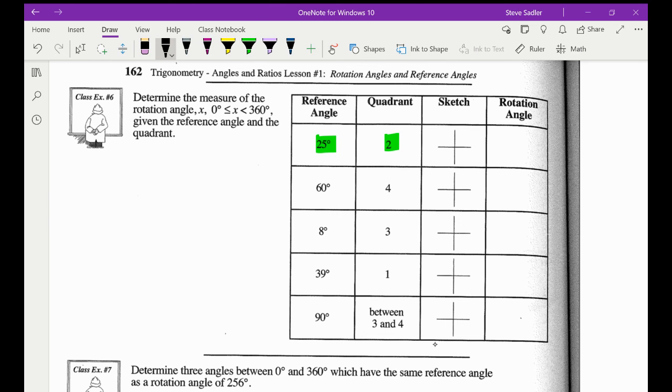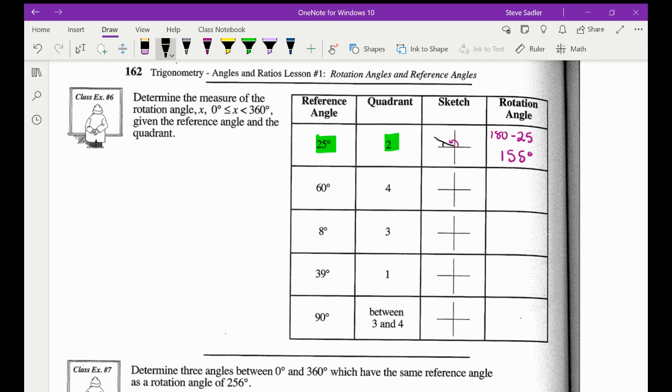So that means the angle is going to be somewhere over here, in a sketch. The rotation angle is going to be all the way around from the positive x. So it's basically going to be 180 minus 25, and that gives you 155 degrees. Let's do another one.